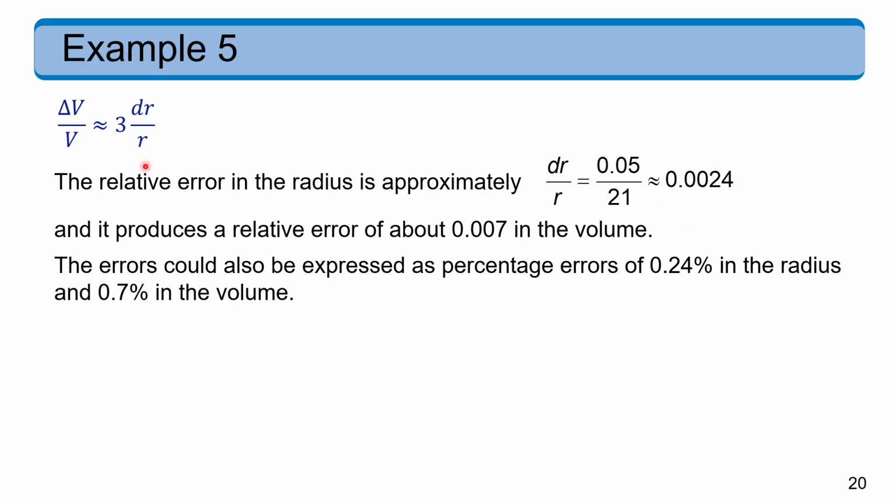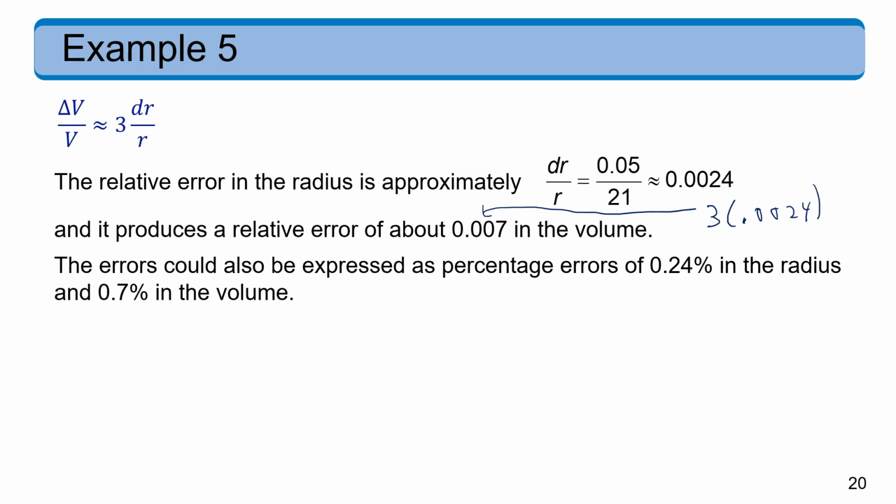To calculate the relative error in volume, using the formula that we derived on the previous slide, we just take 3 times the relative error in radius, which is this number. Just to clarify where this 0.007 came from, that was 3 times 0.0024, so now we have the relative error in volume is only 0.007.